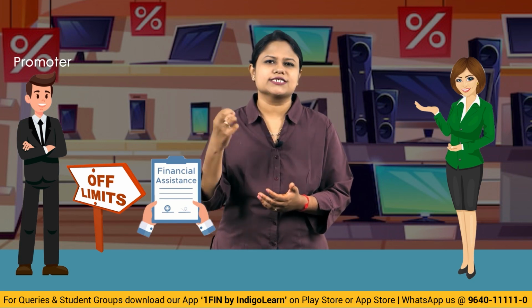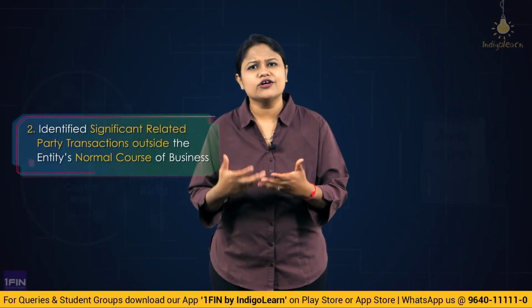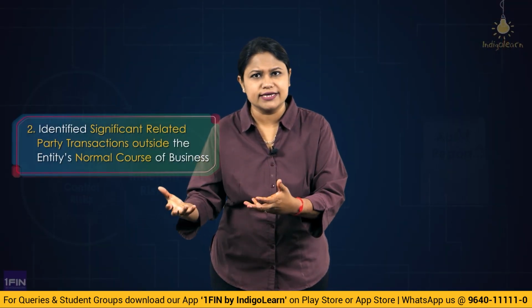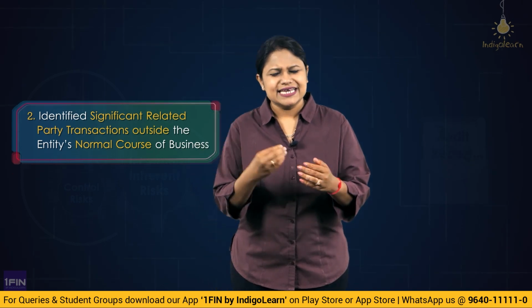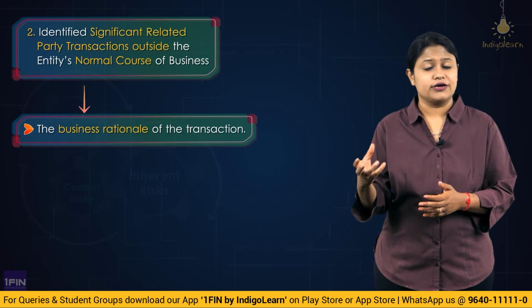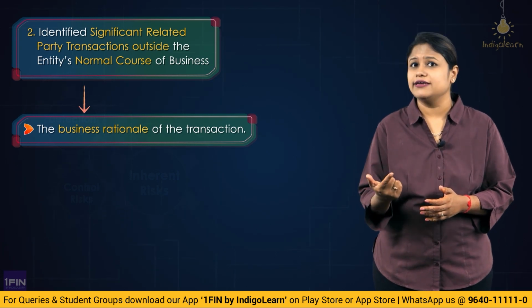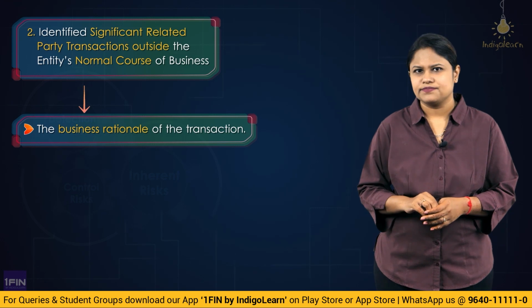Why did the organization do something which is not required by it or which is not in the ordinary course? Is there a rationale behind it? Or is there any indicator of a fraud? There could be circumvention of money here.